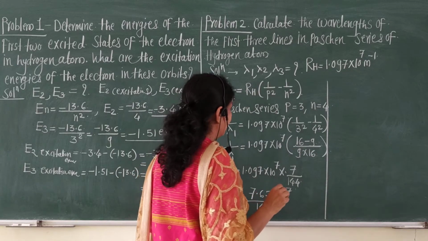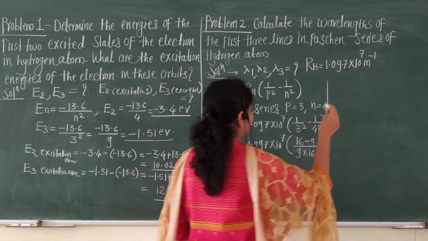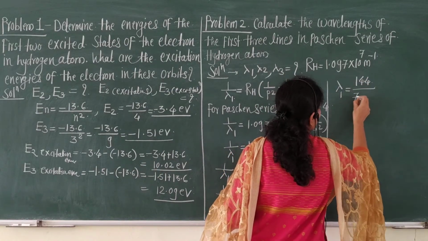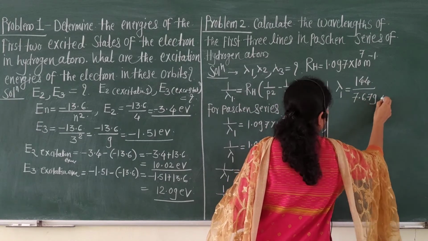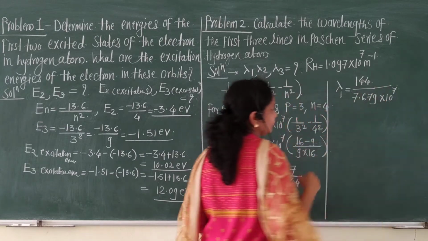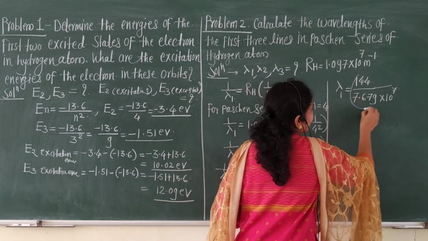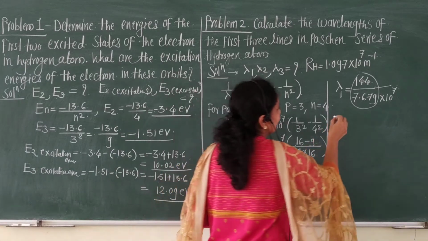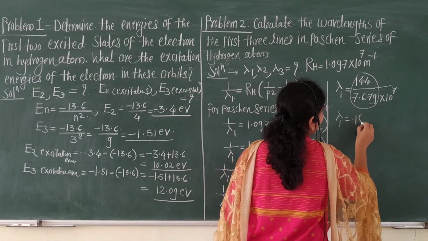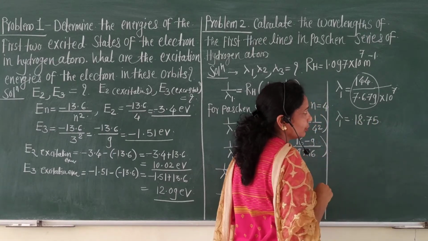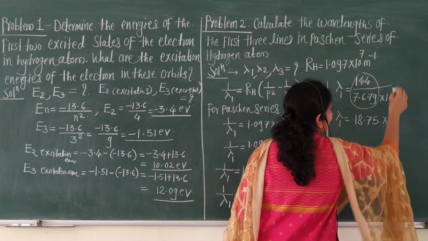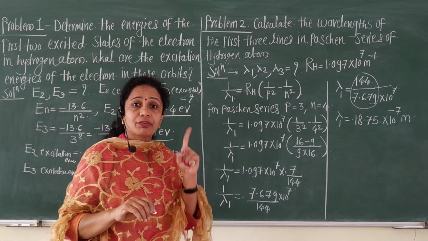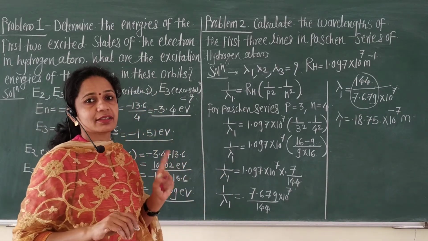Then lambda 1 is equal to 144 upon 7.679 into 10 raised to 7. If you calculate 144 upon 7.679, then lambda 1 becomes 18.75 into 10 raised to minus 7 meter. This is the wavelength of the first line in the Paschen series.